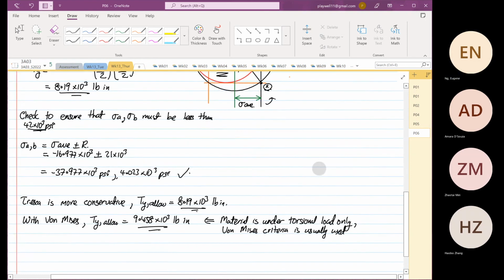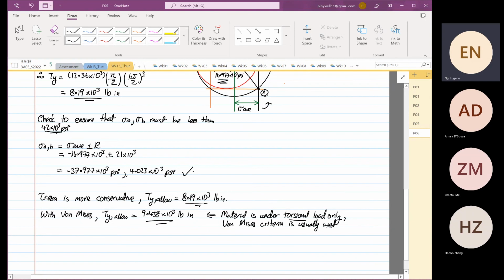But if you're unsure, go for the more conservative one, go for Tresca.